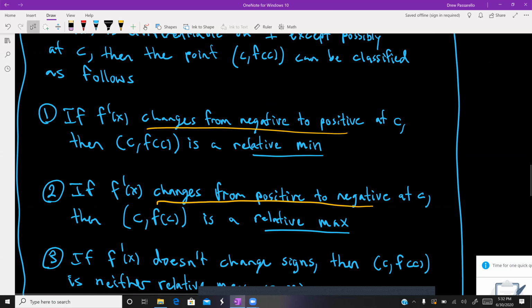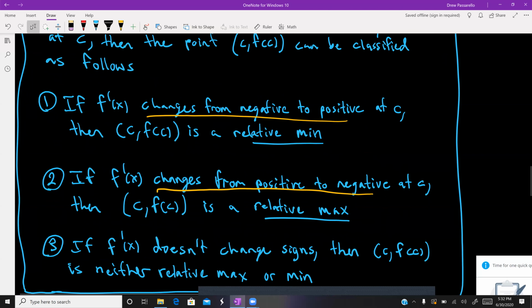The first scenario says if its derivative changes from negative to positive at c, then that point, c comma f of c, is a relative minimum. Or if its first derivative changes from positive to negative at c, then that point is a relative max.